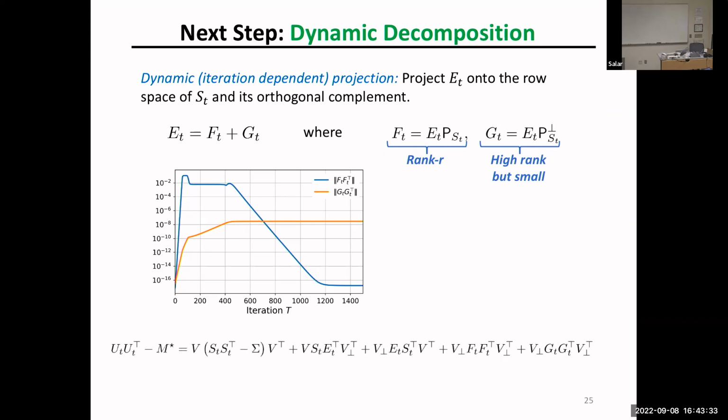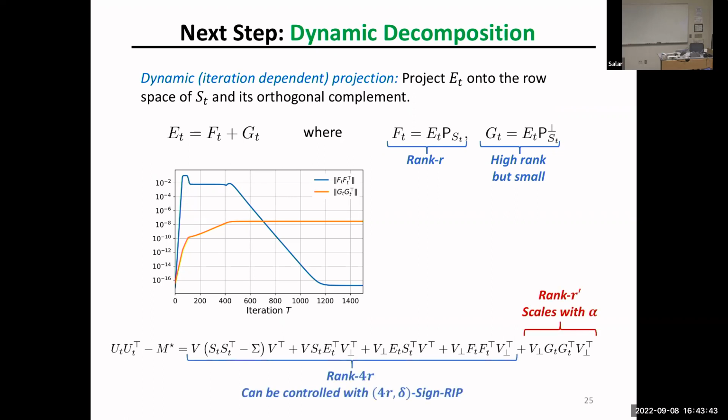Now, putting everything together, the final error can be written as a summation of 5 terms. The details don't matter here. What is important is the fact that the first 4 terms are independent of the search rank. They're at most rank R, where R is the rank of the true solution.